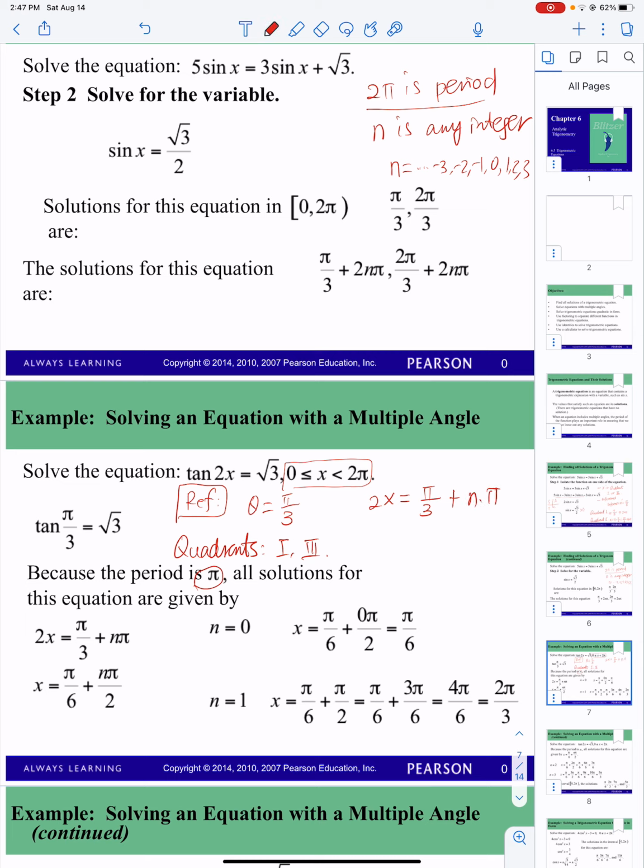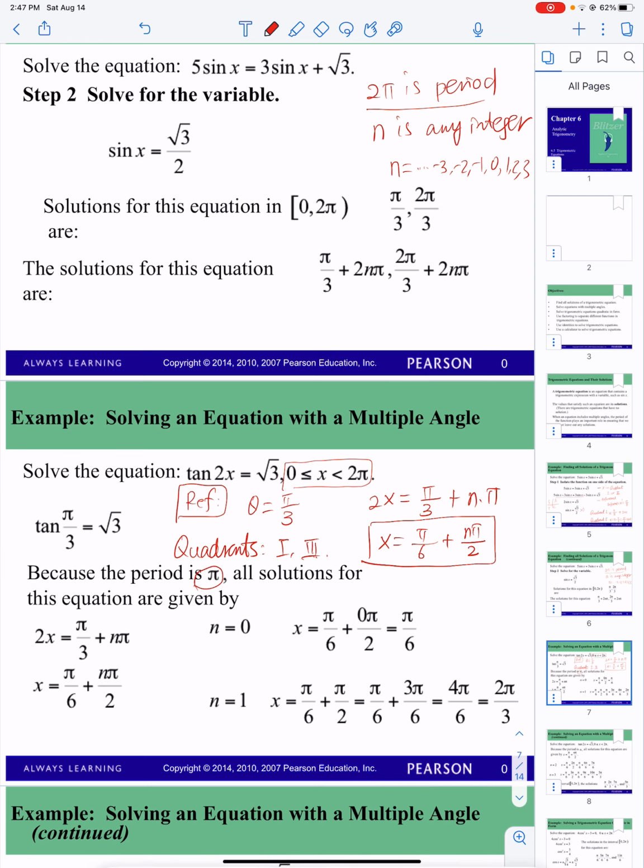You do not need to find the separate third quadrant angle anymore. Then what will be x? You have to divide by 2, so it will be pi over 6 plus n pi over 2. This is the general formula.